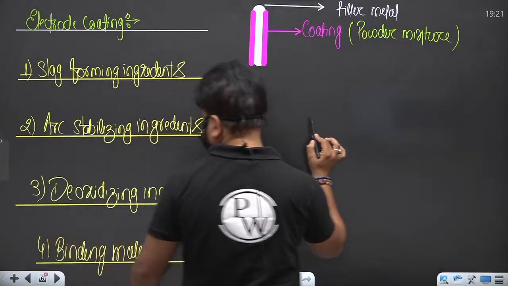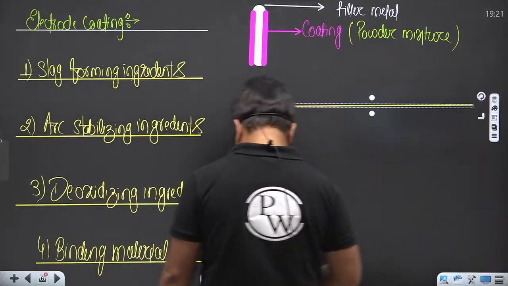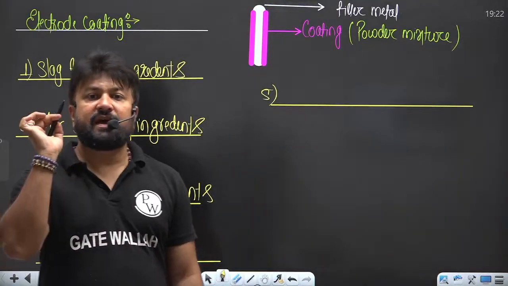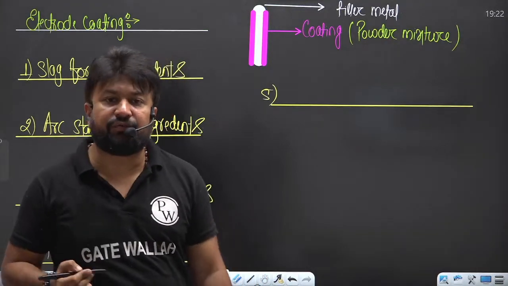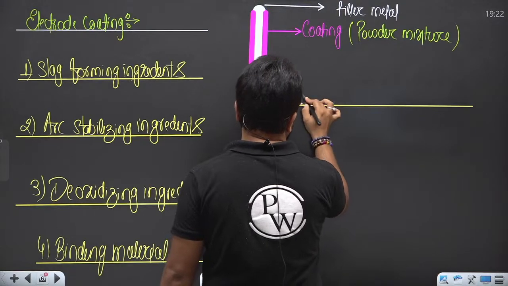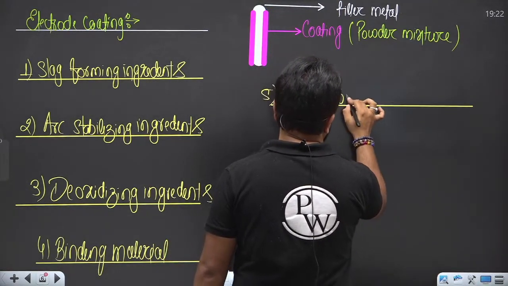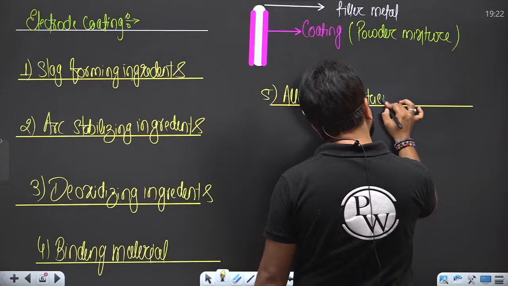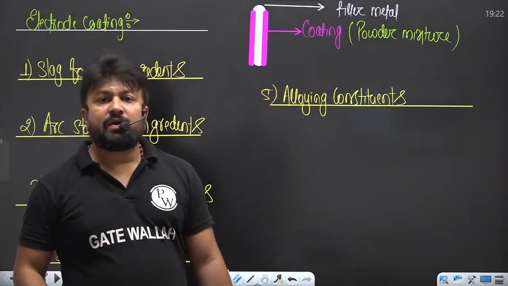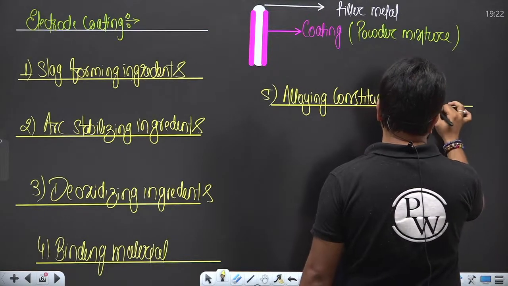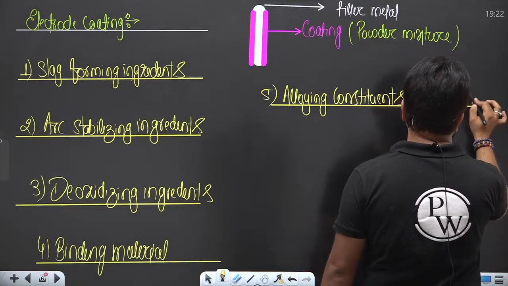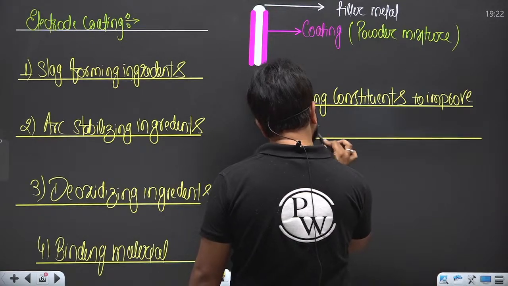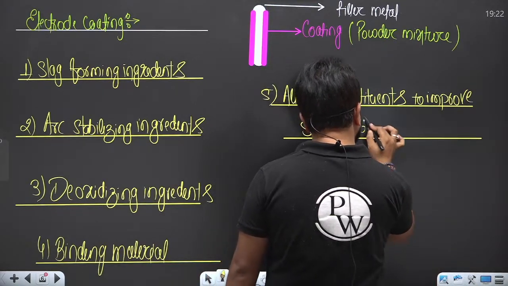And number five, there will be some alloying constituents, which we use to improve the strength of the weld.